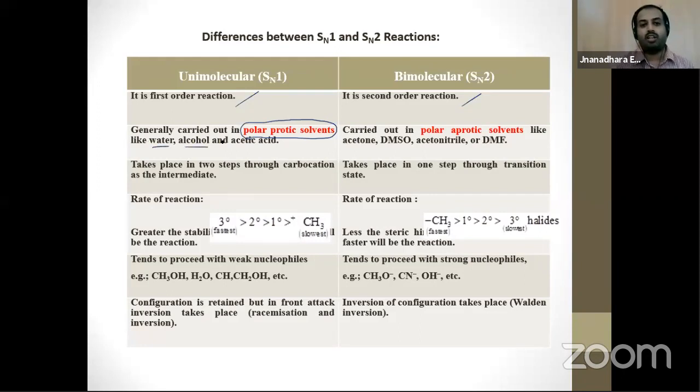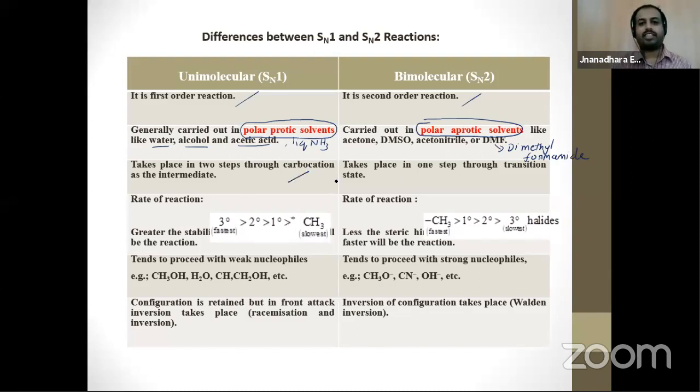Water, alcohol, acetic acid, liquid ammonia, all these are polar protic solvents. Whereas SN2 is favored in polar aprotic solvents, solvents like acetone, DMSO, DMF. DMF stands for dimethyl formamide. DMSO stands for dimethyl sulfoxide. Okay, all these are important.